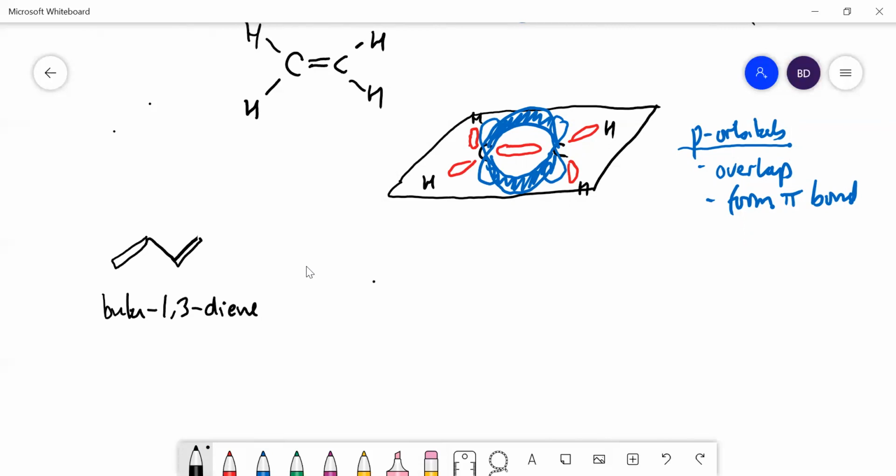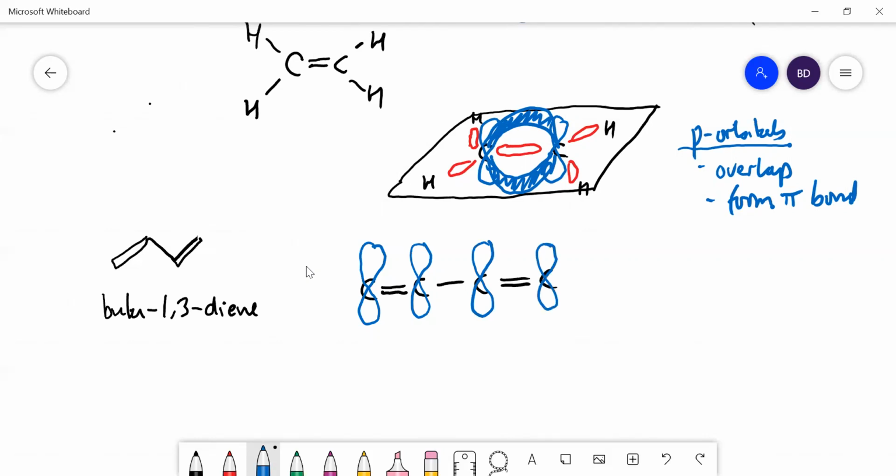It's got alternate double bonds, 2 double bonds there. Now let's think about what's going on here. Here's 1 unhybridized p electron, another one there on that one.